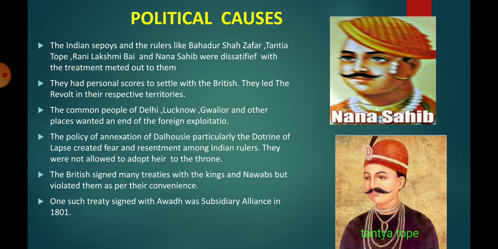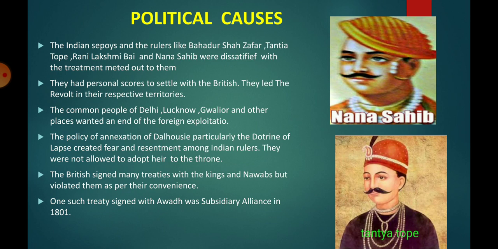The policy of annexation of Dalhousie, particularly the doctrine of lapse, created fear and also resentment among the Indian rulers. The doctrine of lapse was a policy which was started by Lord Dalhousie.